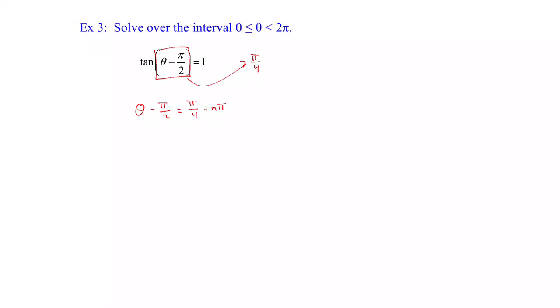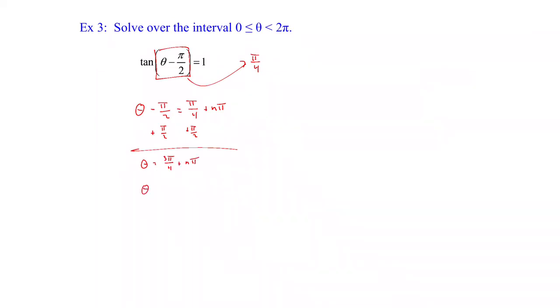Now this one is subtraction, so we're going to add pi over 2 to both sides. Find that common denominator, which in this case would be 4. So that would be 3 pi over 4 plus n pi.